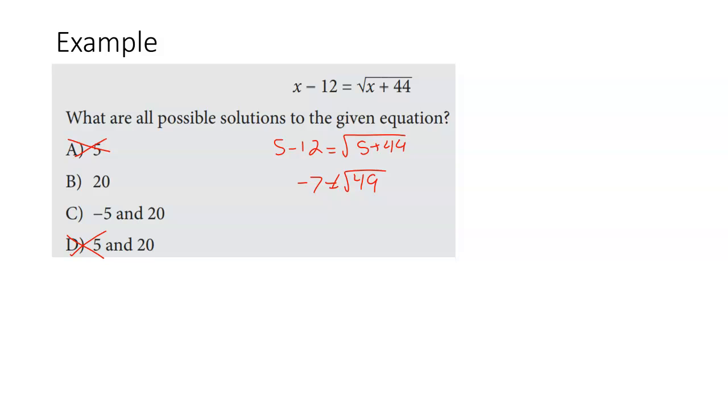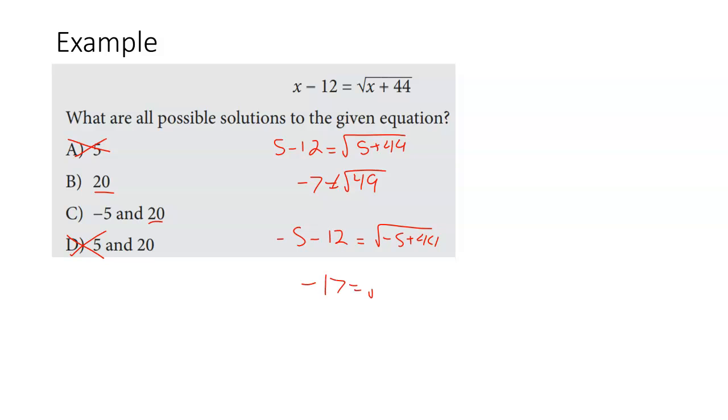So now when I look at B and C, B is 20. And C is negative 5 and 20. So no matter what, I know 20 is going to be an answer. So do I need to bother checking 20? No, just check to see if negative 5 works. Okay, quickly throwing that in.